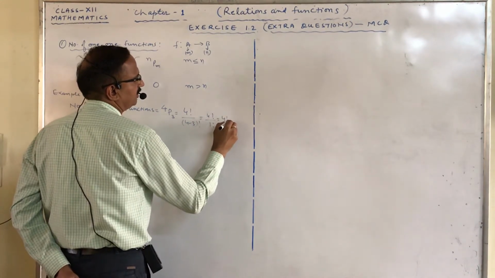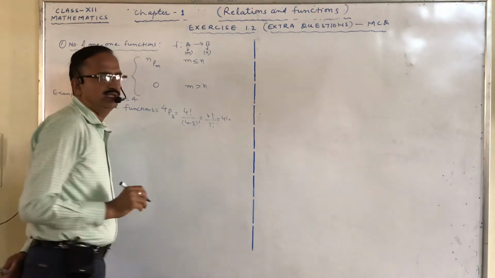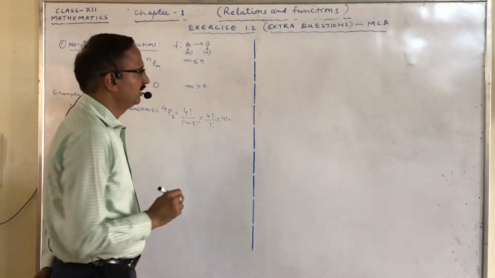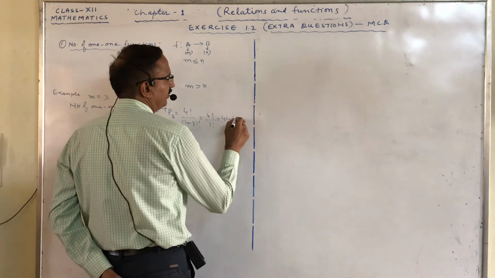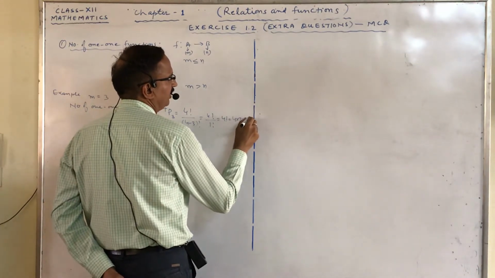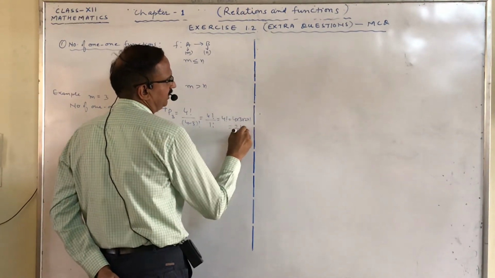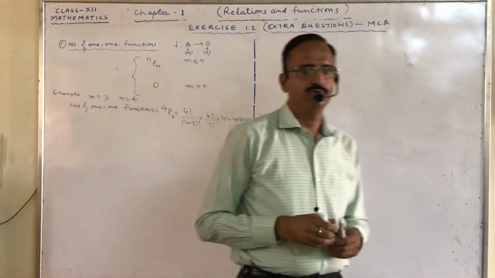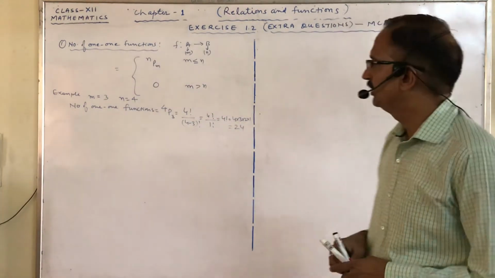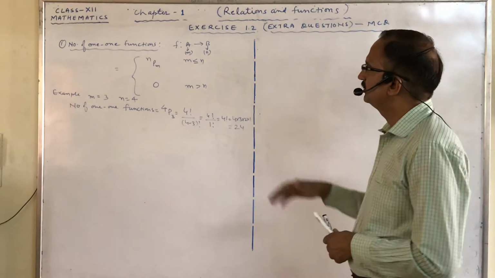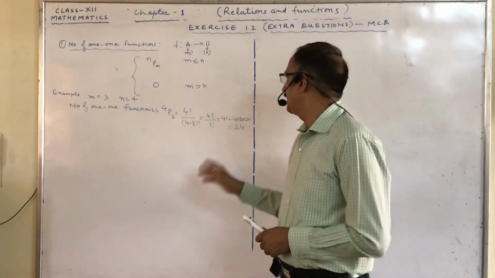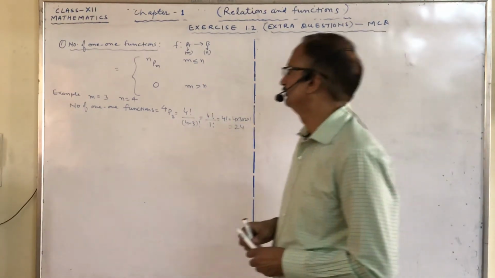So ultimately this is 4 factorial, and the answer of 4 factorial is what? 4 multiplied by 3 multiplied by 2 multiplied by 1, that is 24. So we can say that the number of one-one functions from A to B is 24.